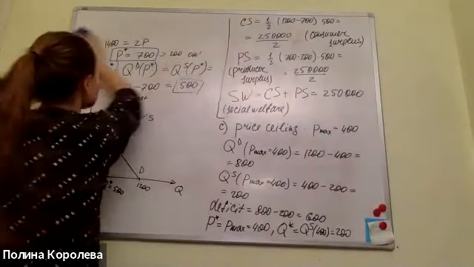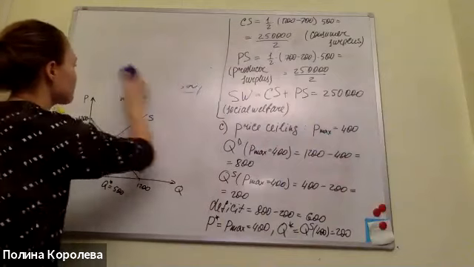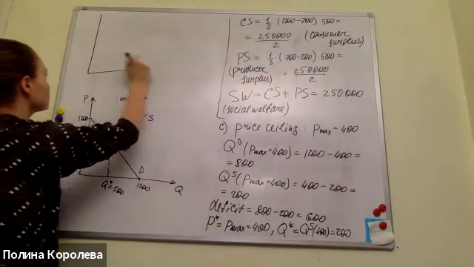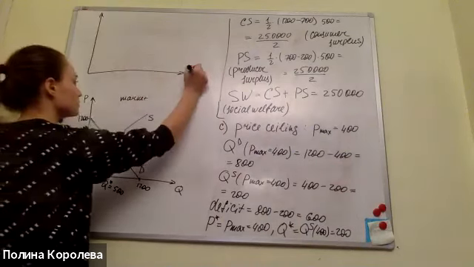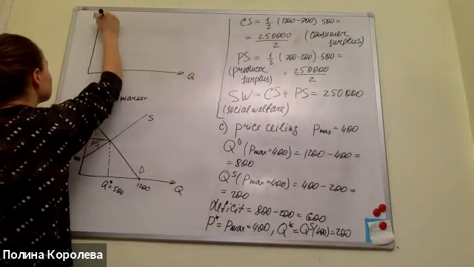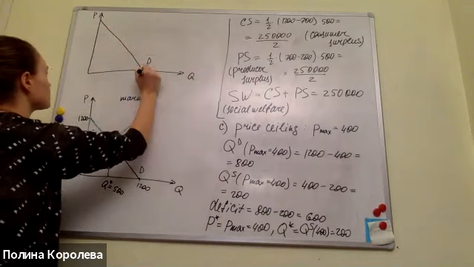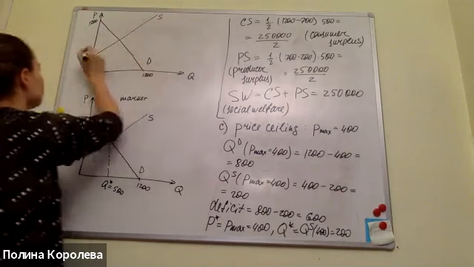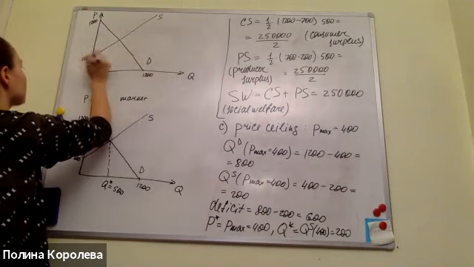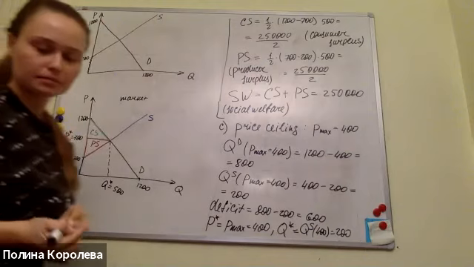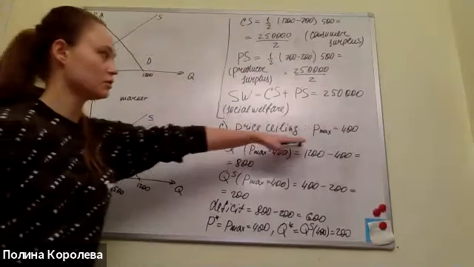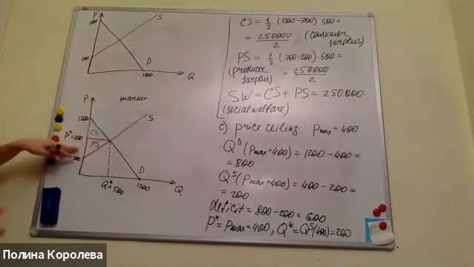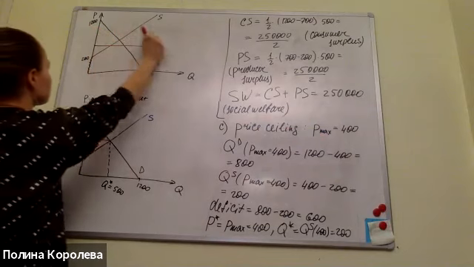So let's show this situation on the graph. I will draw the graph one more time. Here demand, here supply, and we show this government intervention, the price ceiling, maximal price 400. We know that it is lower than 700, so let's put it somewhere here.